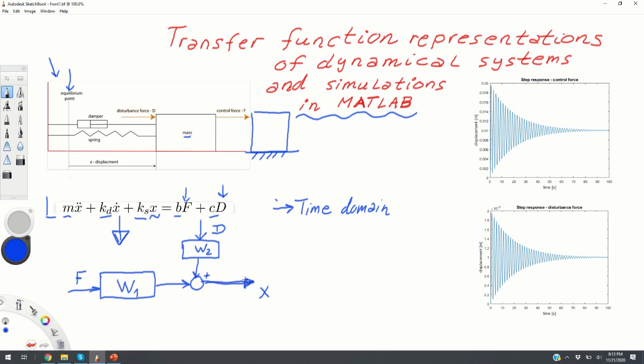These two influences are modeled by the block diagram that I sketched over here.